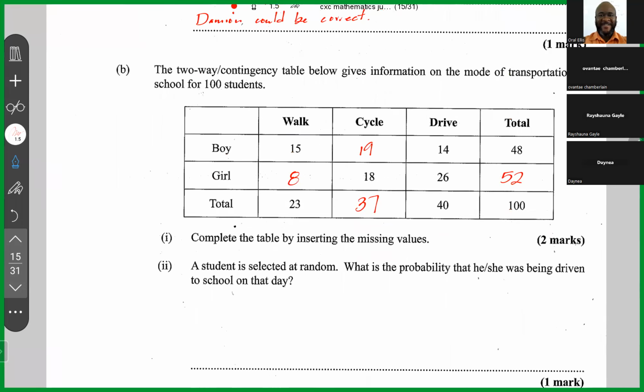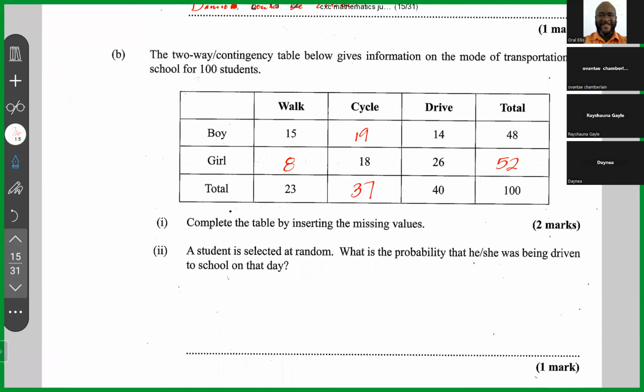Then now, a student is selected at random. What is the probability that he was being driven to school on that day? Well, 40 students were driven to school, out of a total of what? 100.